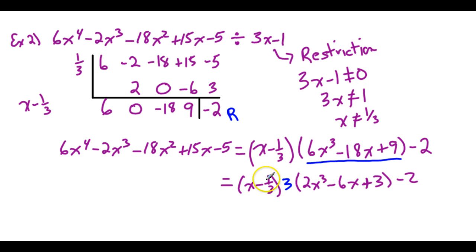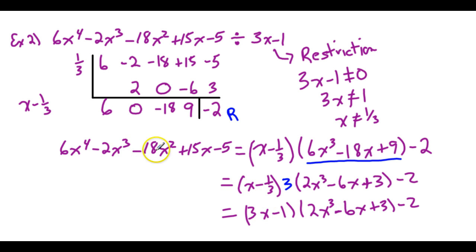And then this 3 can be multiplied through the first factor here. This is 3x. 3 times negative 1/3 is minus 1. And now I have the solution for the division that I actually wanted. So this divided by this would give me this, or this can be broken into this factored expression with a minus 2 remainder on the end.